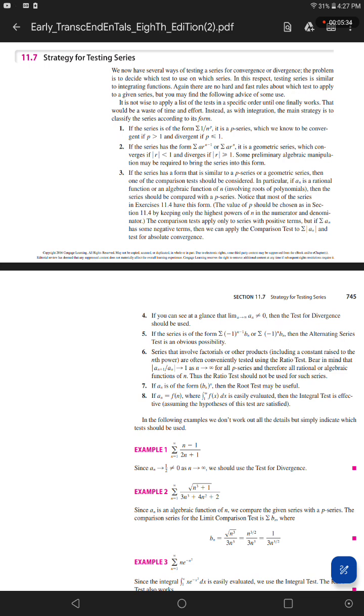If a sub n equals f of n, where the integral from 1 to infinity of f of x dx is easily evaluated, then the integral test is effective, assuming the hypotheses of this test are satisfied. In the following examples, we don't work out all the detail, but simply indicate which tests should be used.